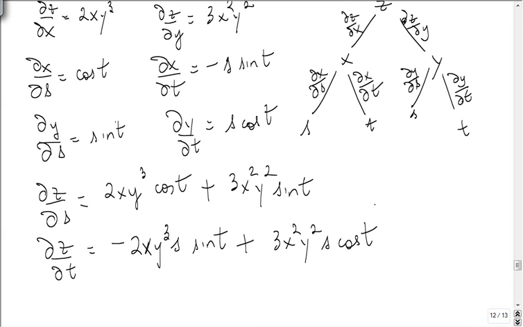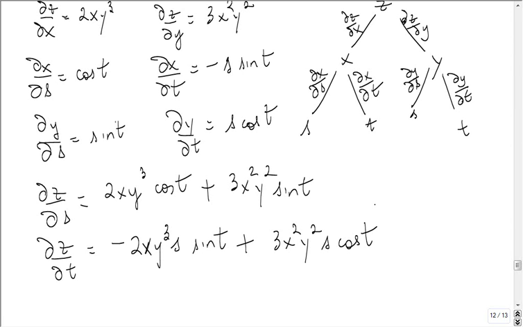Okay? Right, and we can stop there. You can leave it in terms of x and y. That is fine. So the question is for the homework. You can leave it in terms of x and y. That is okay.